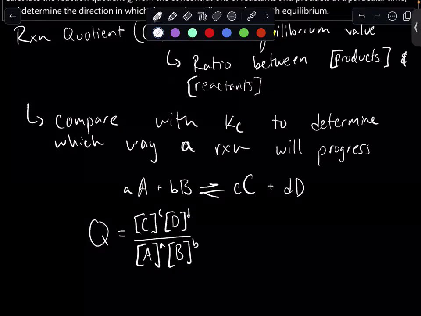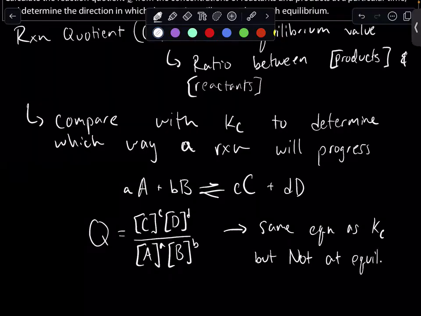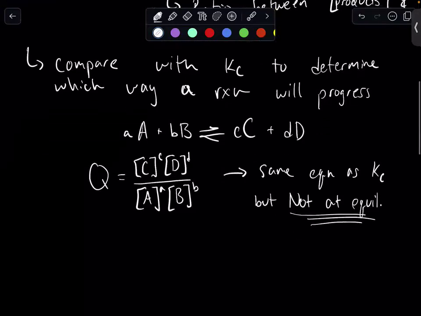It is the same equation as Kc, same equation as our equilibrium constant, but not at equilibrium. That's the big difference. We use Q whenever we're not at equilibrium. So how do we actually use it? How do we actually compare these values?